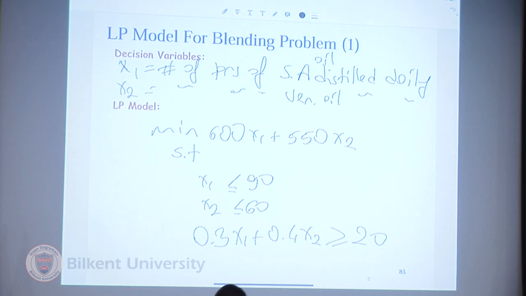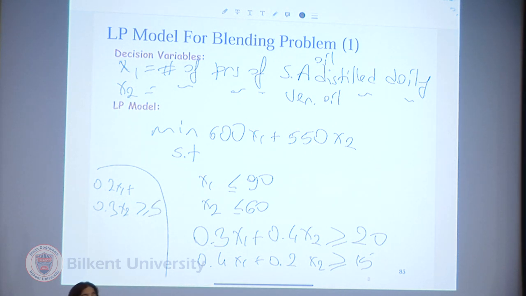The others: 0.4 x1 plus 0.2 x2 should be at least 15, and 0.2 x1 plus 0.3 x2 should be at least 5.